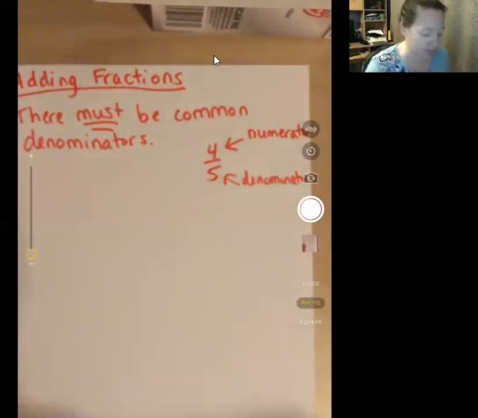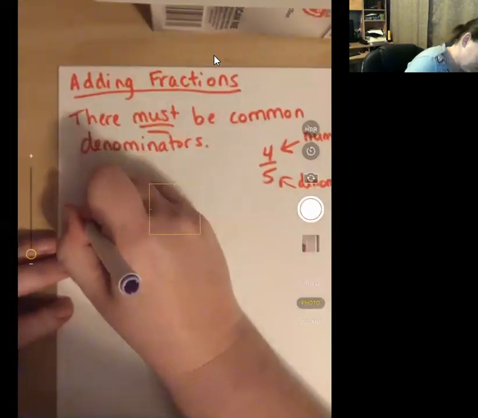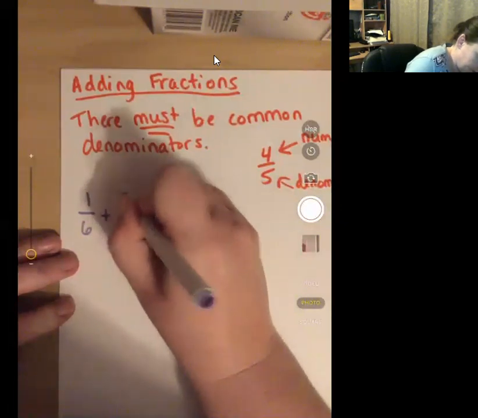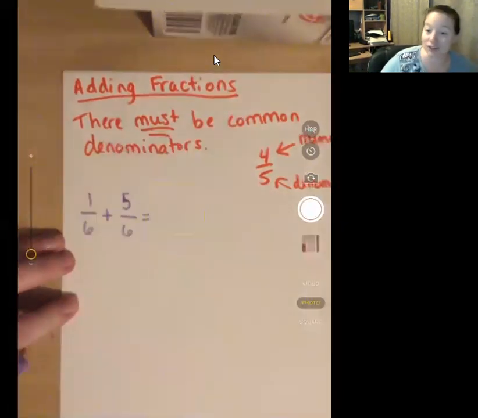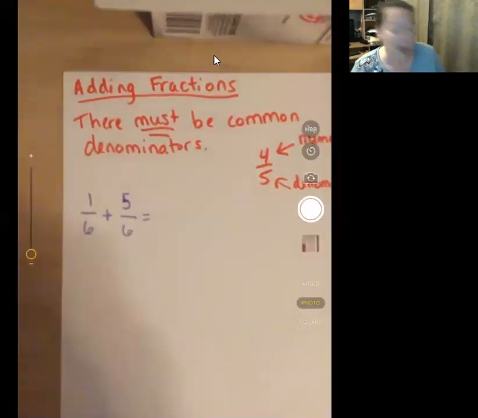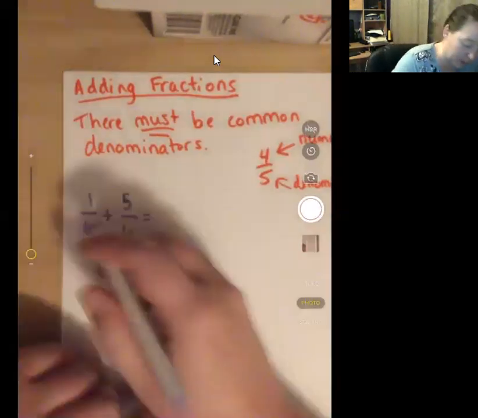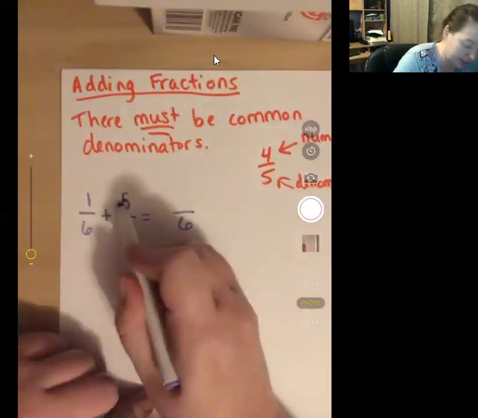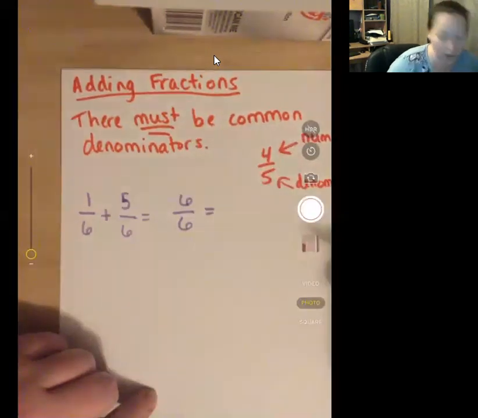So if I have something like this, 1/6 plus 5/6, I can, in fact, add those because they are the same. So I just bring the denominator over, and I do 1 plus 5, which is 6. And then 6 divided by 6 gives us 1.